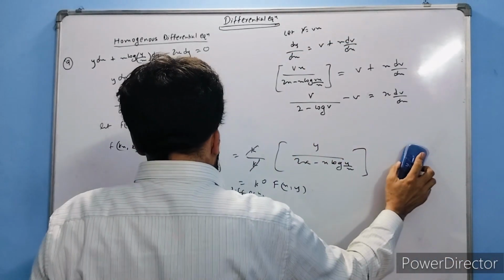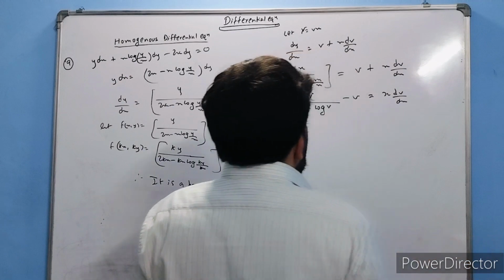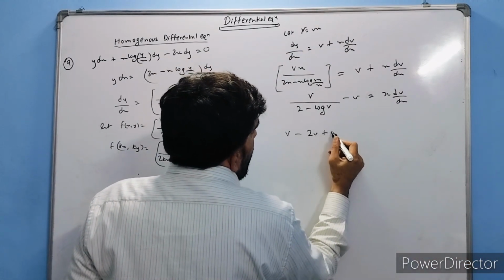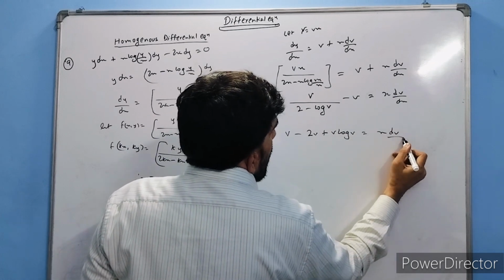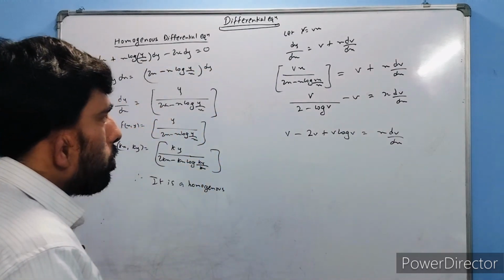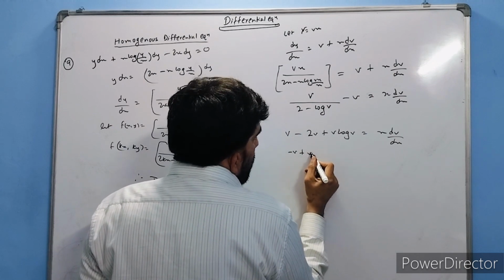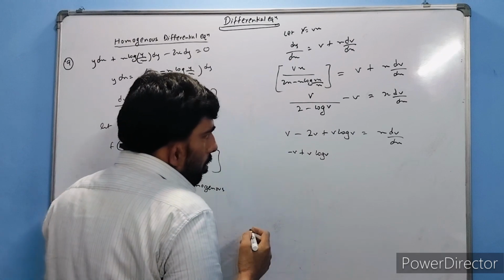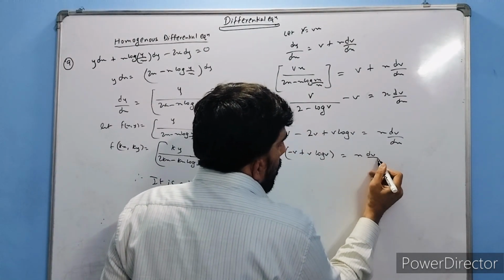Now let us try to solve it further. If I solve this, v/(2 - log v) - v = x dv/dx, so v - 2v + v log v over (2 - log v). So now we'll say minus v plus v log v, log v is equal to x dv/dx.